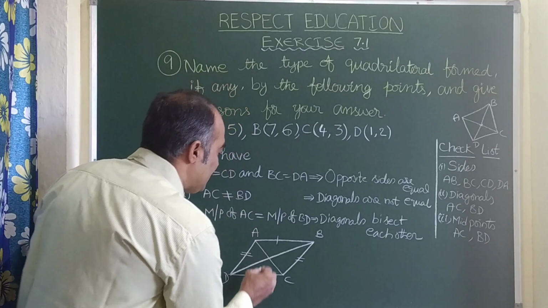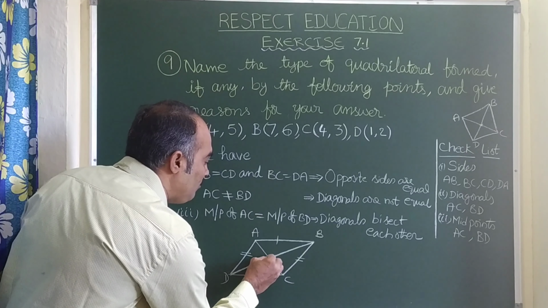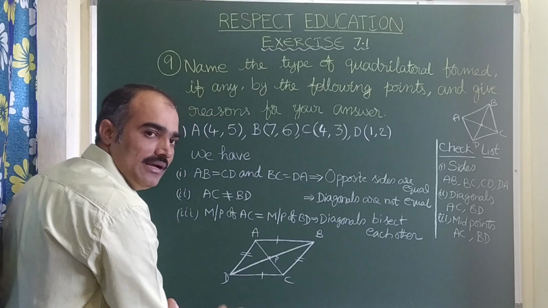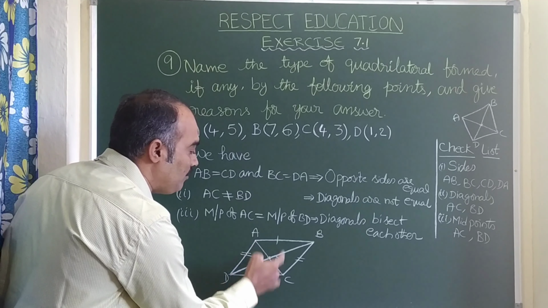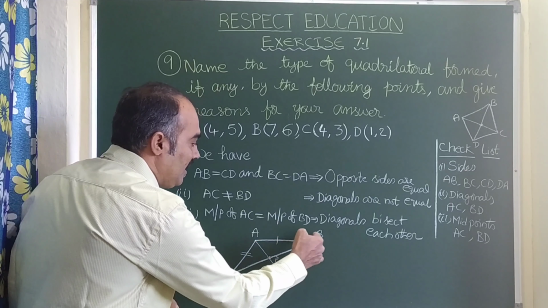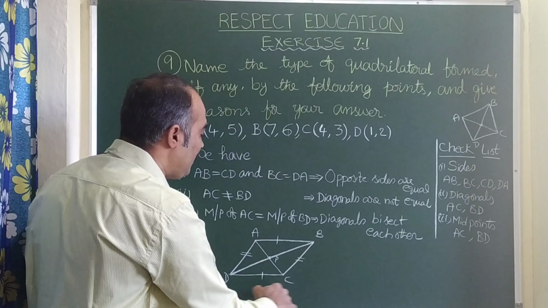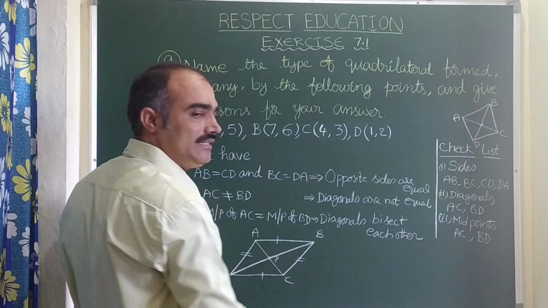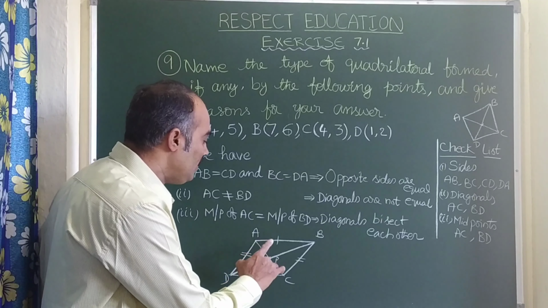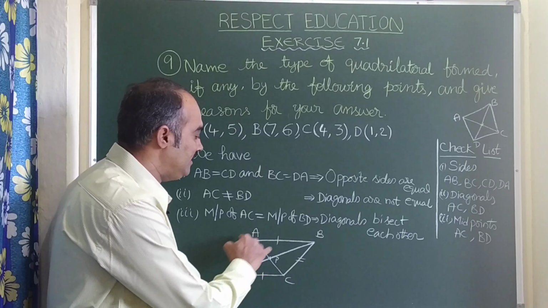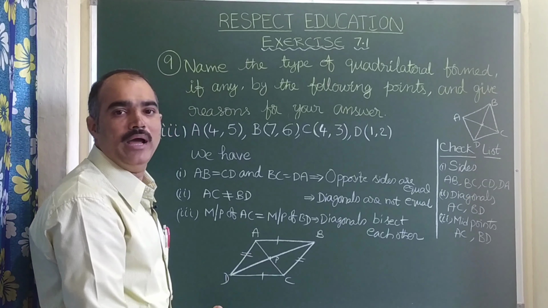Diagonals bisect each other. That means their midpoint, let us take it as some P, gives that the distance between A and P and P and C are equal, and the distance between B and P and P and D are equal. Now if it satisfies all the given conditions, what do we call this quadrilateral? This quadrilateral is a parallelogram.